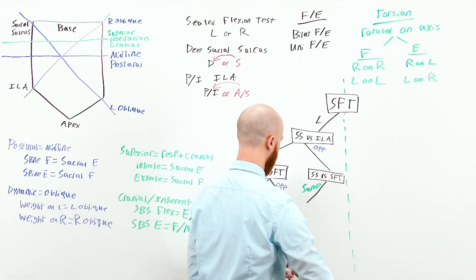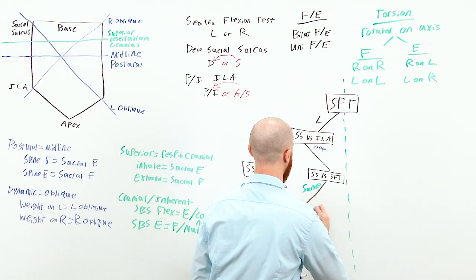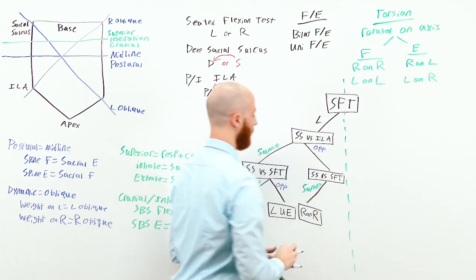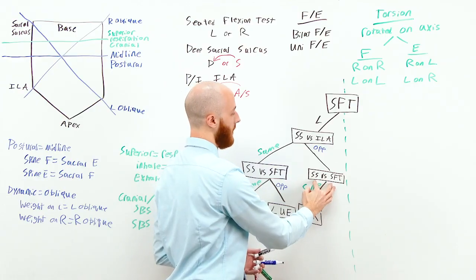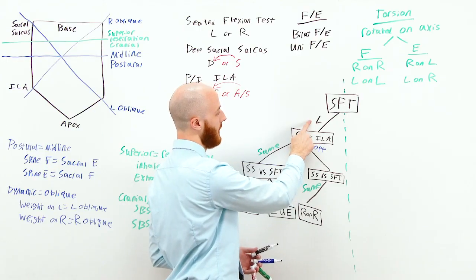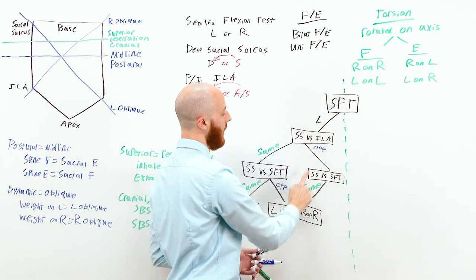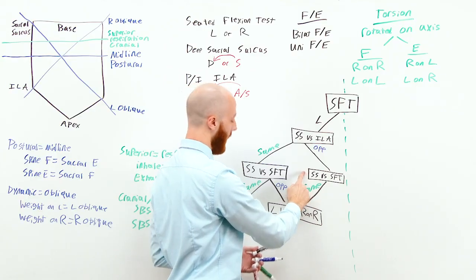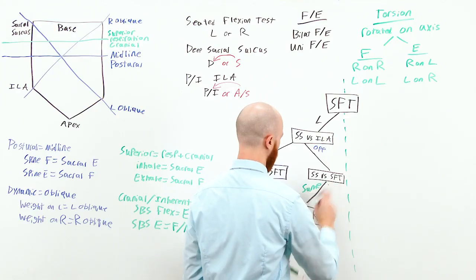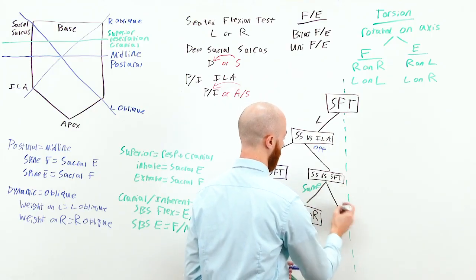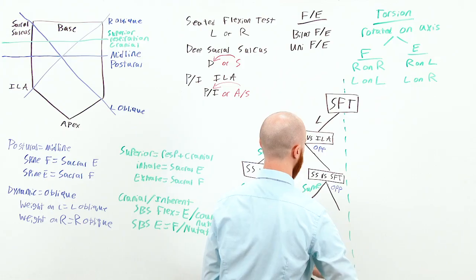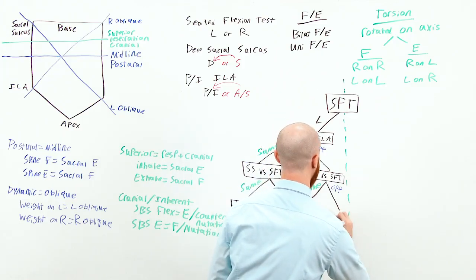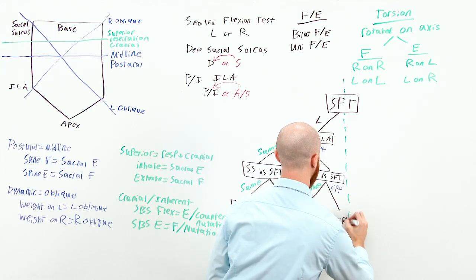If this happens, then you have a right on right. If they occur on opposite sides, meaning that the seated flexion test is positive on the left and the deep sacral sulcus is on the right, saying that they are on opposite sides, this tells you that you have a left on right dysfunction.